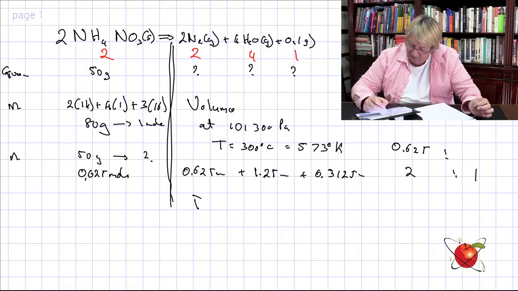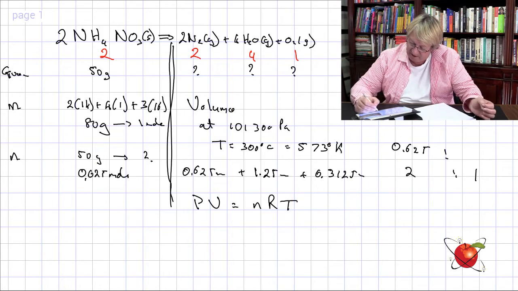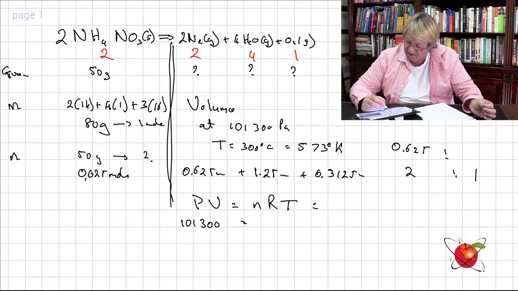All right, so what have we got here? We've got the number of moles of gas, and we've got the temperature, and we know that PV equals nRT. Let's do a typical example. P, we say 101,300, is equal to n.